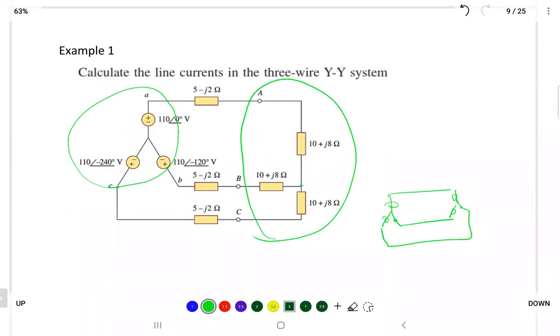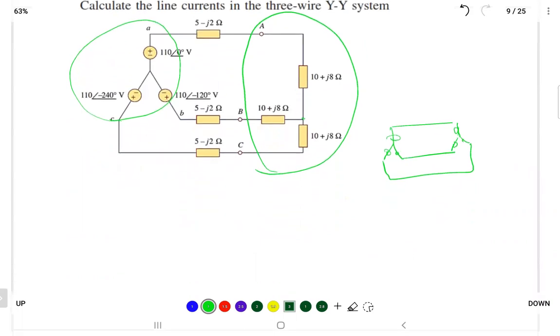I got you a very simple situation. A star source connected to a load that is also star. So we pick one phase from each. The source is 110, angle 0. I only take phase A. When you take phase A from the source, take phase A from the load.